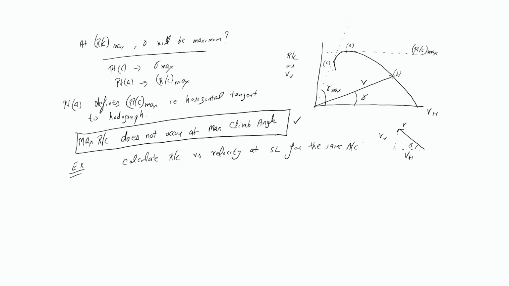Now let us find the rate of climb. Consider a velocity of 150 meters per second. The rate of climb equals power available minus power required, divided by W. Now what is rate of climb actually?